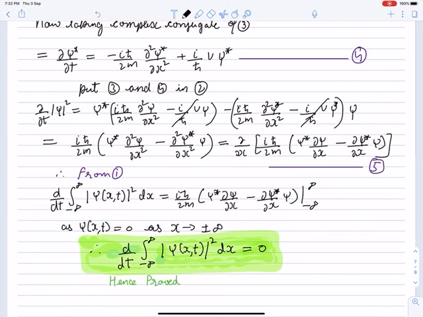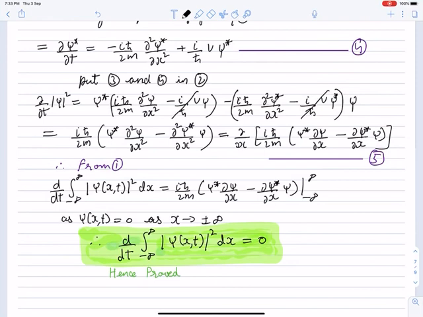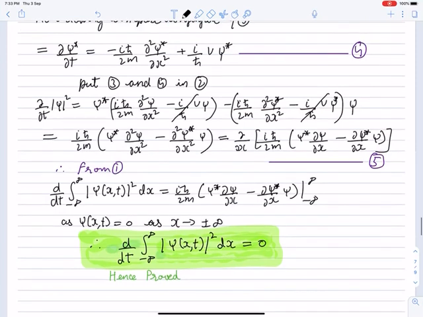You have studied this in quantum mechanics basics. I haven't discussed it, but I will discuss it here: what is a physically acceptable wave function? A physically acceptable wave function is square integrable, and the other criterion is that psi must vanish when x goes to plus or minus infinity. So psi is equal to 0 at plus minus infinity, and automatically d/dt of the integral of |psi(x,t)|^2 dx is equal to 0.